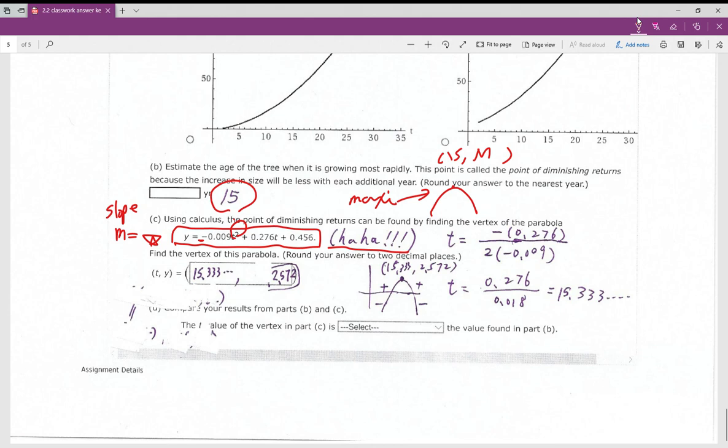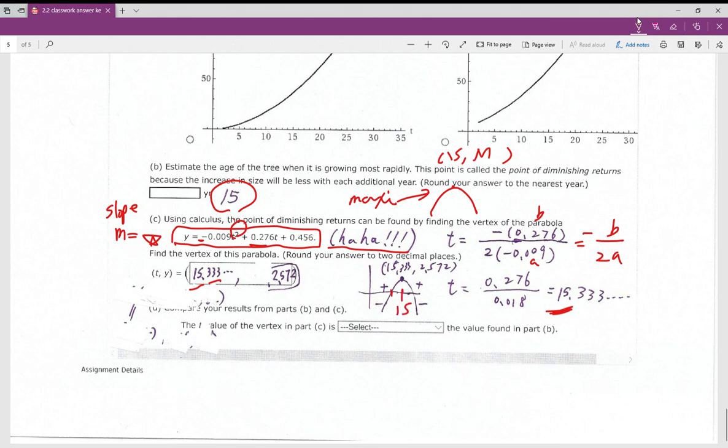So when x equals 15, you are going to find the maximum. How do you find 15? By formula, negative b over 2a. See? So you have about 15. I guess right. So the real answer is 15.333. I guess pretty close. 15.